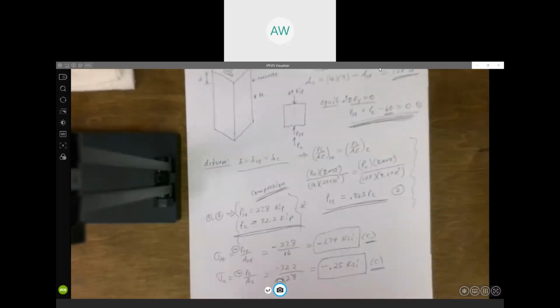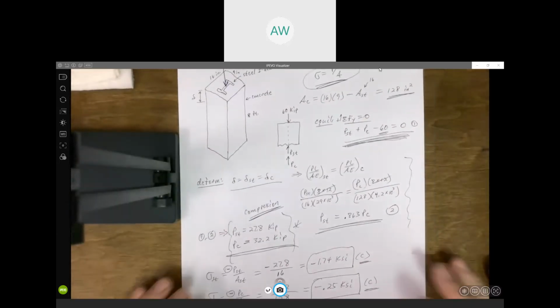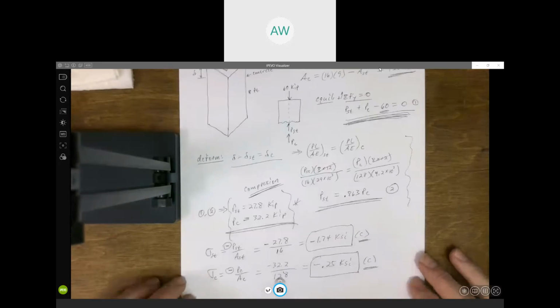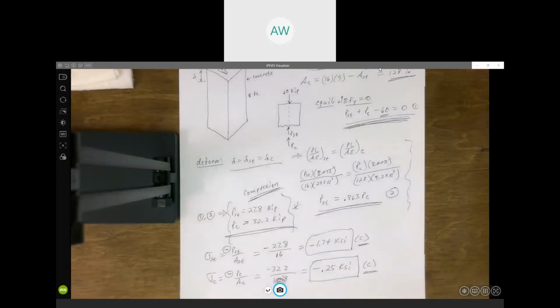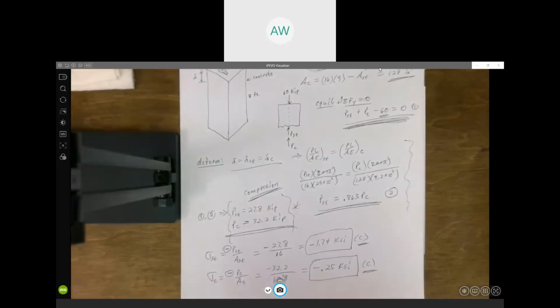Now, one thing while we're looking at this reinforced steel, reinforced concrete, I'll throw this question out there, and not necessarily expecting you to know this. Some of you civil engineers, you're going to see lots of steel reinforced concrete. Can anyone tell me or have an idea of why you put steel like this in concrete?